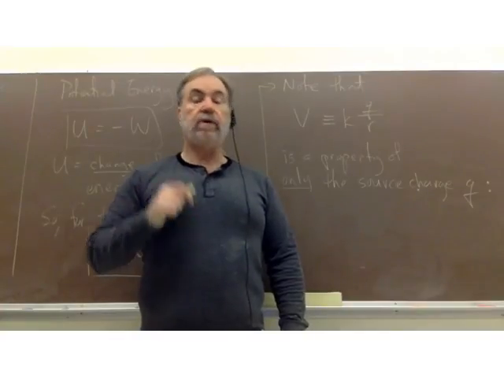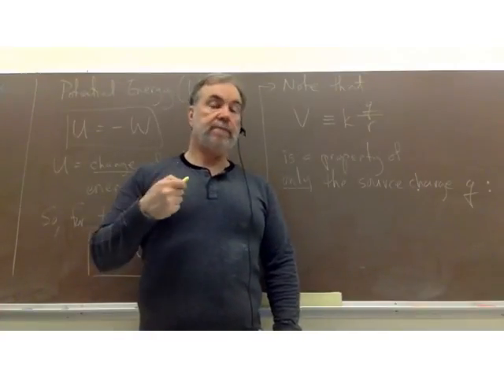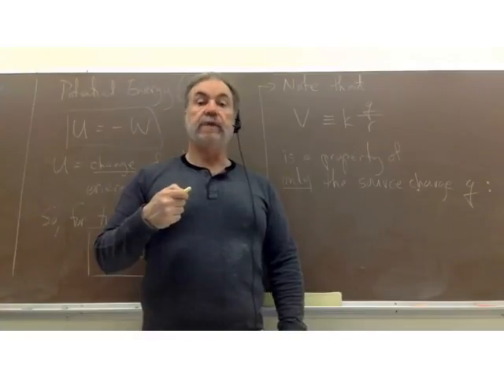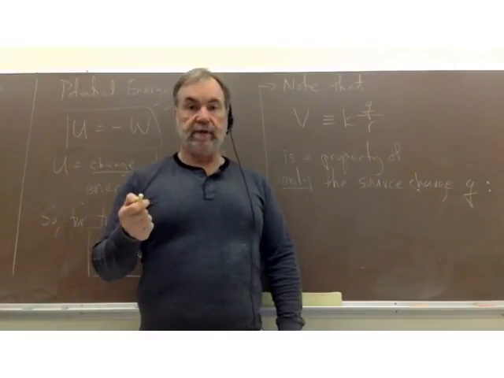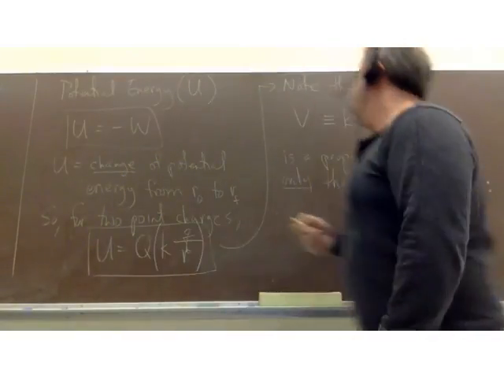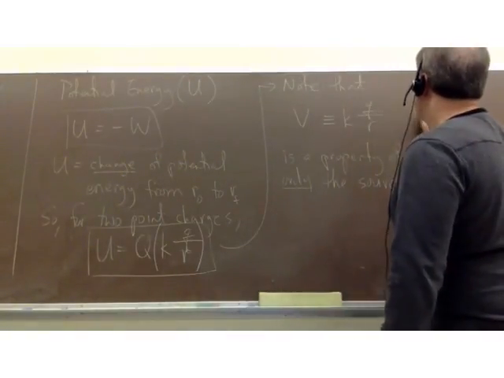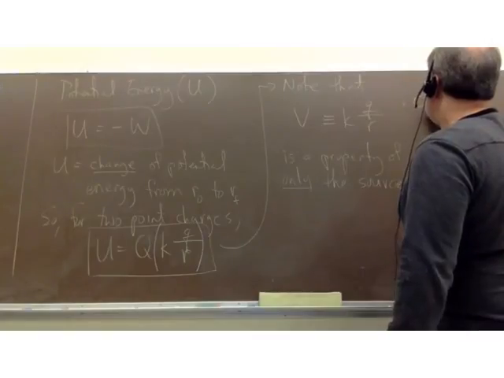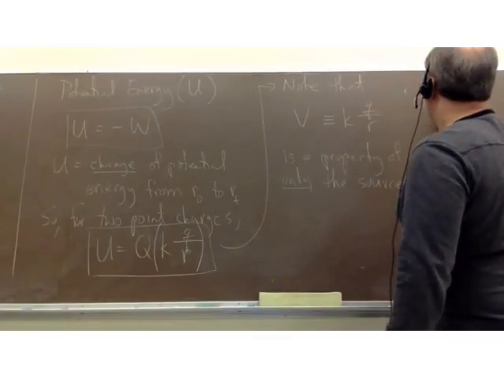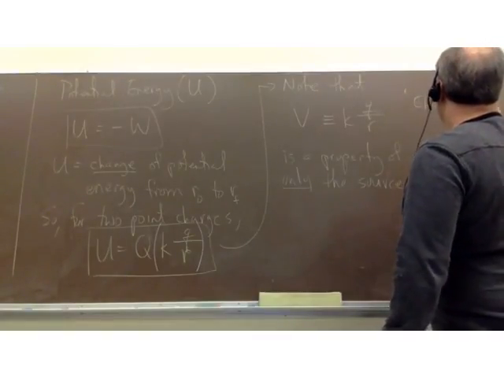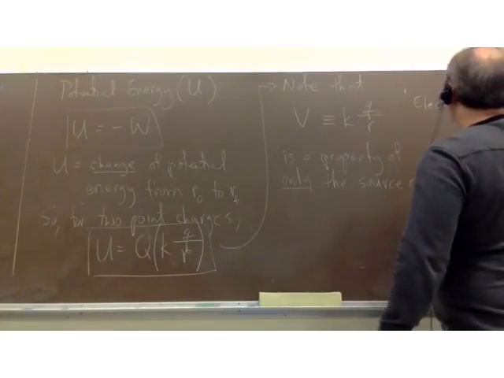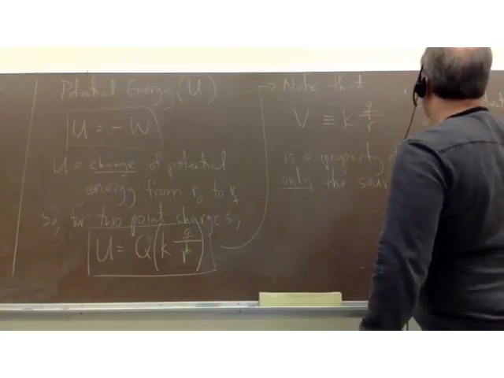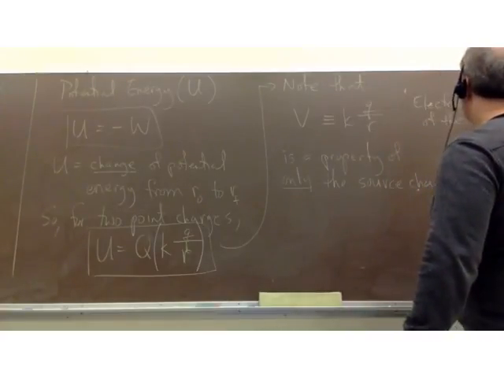I warn you now, and I will repeat this many times, you've got to pay attention to what this means, because it's the world's stupidest name. Anyway, it is called the electric potential of the source charge.